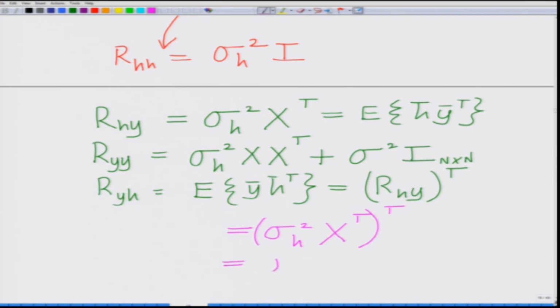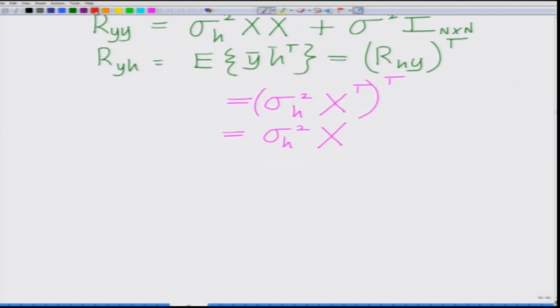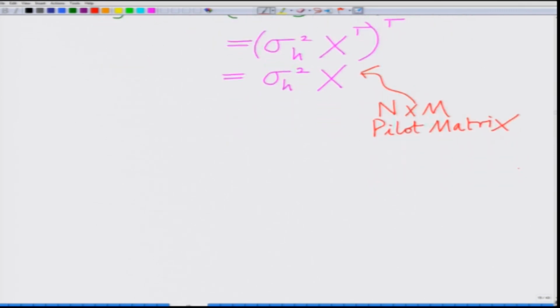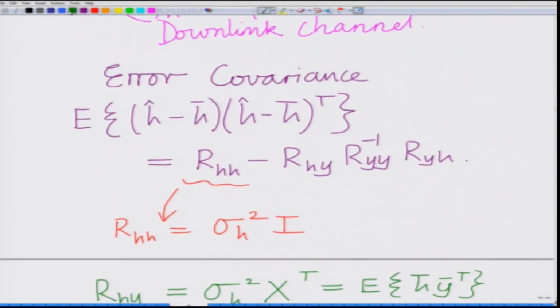Of course, sigma h square is a scalar, so this is simply sigma h square X, where X is your N cross M pilot matrix.